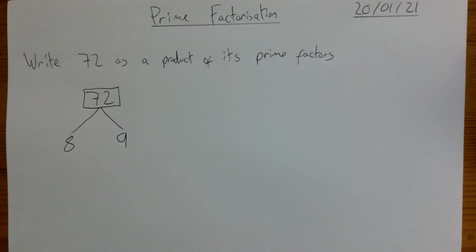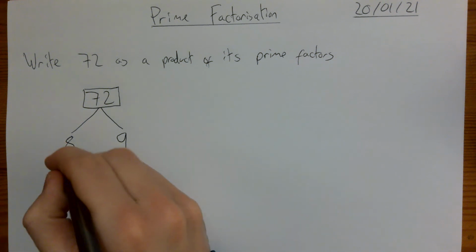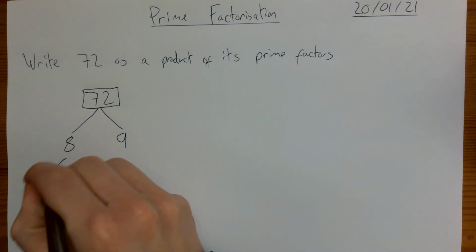Now remember, what I'm looking for are prime factors. Now 8 isn't a prime number because I know that it's got more factors than just 1 and itself. 9 isn't a prime number because I know it's got more than 2 factors. So I need to break both of these numbers down more. So 8 I'm going to break down.